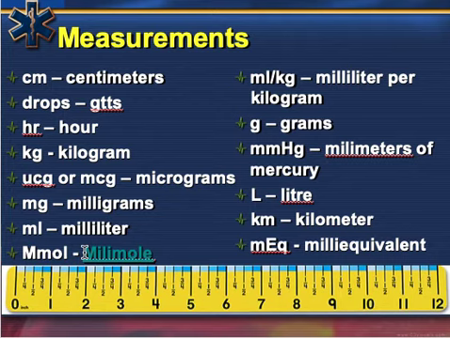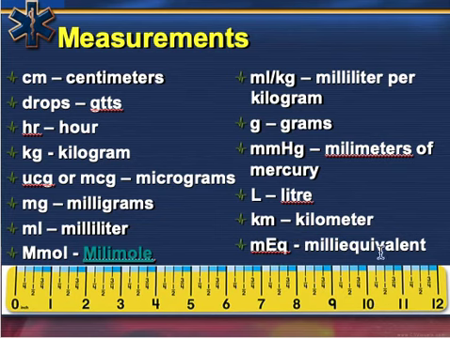MMOL refers to millimoles. ml/kg, as you can likely guess, milliliters per kilogram. G refers to grams. MM with a capital H and a lowercase g refers to millimeters of mercury. Capital L refers to liters. KM refers to kilometers, and we'll be recording our vehicle kilometers on our ambulance call reports.